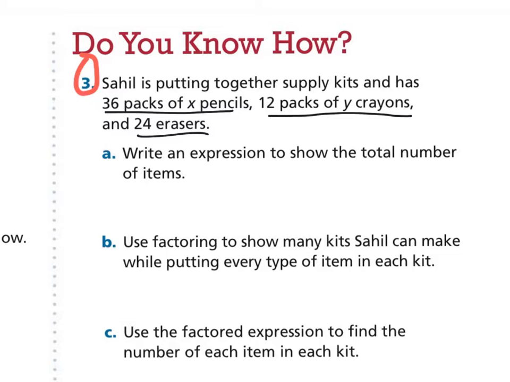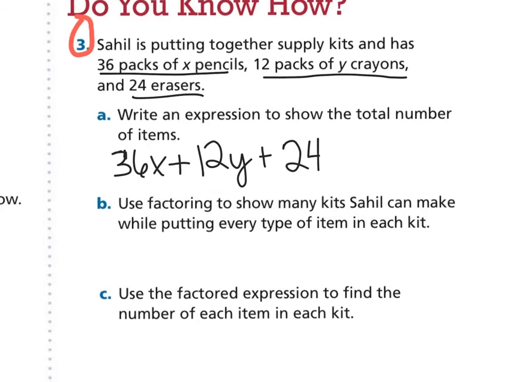Good. 36x, good. If we have 12 packs of crowns, there's y crowns in each box. Allison? 12y, good. And then if we have 24 erasers, Emma? It's just 24. Okay. Alright, so this would be our expression starting out.